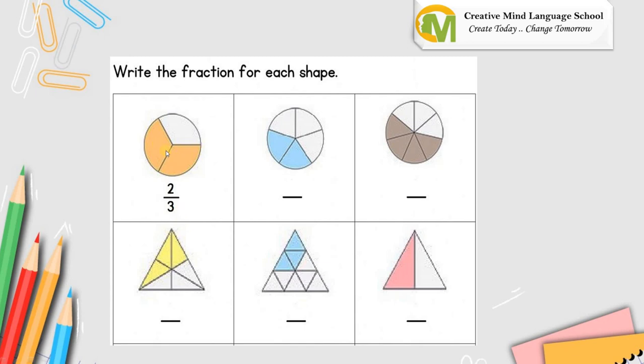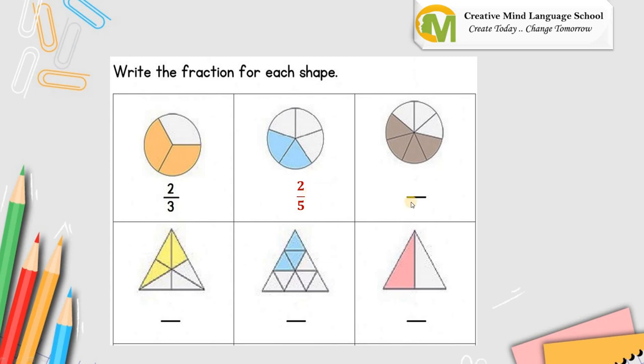So I have 2 colored parts over 3 parts in all. Okay, the second one. Solve with me. How many colored parts are here? Yes, it's 2. And how many parts in all? Yes, it's 5. So the answer is 2 over 5.